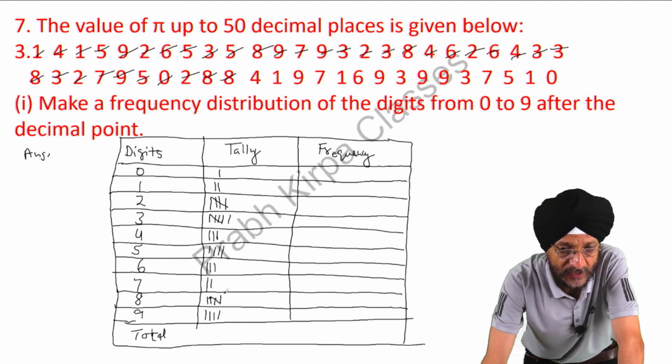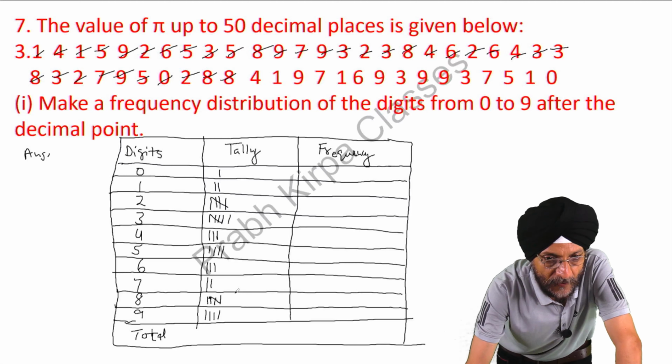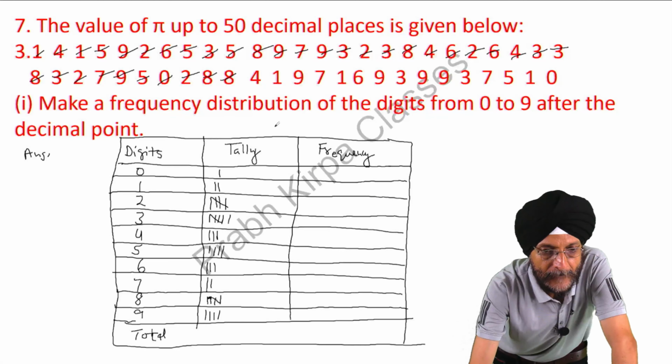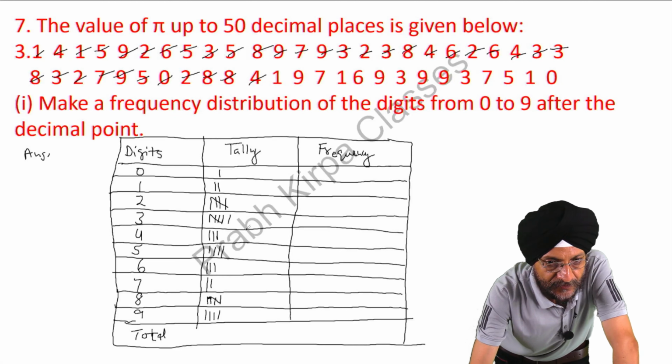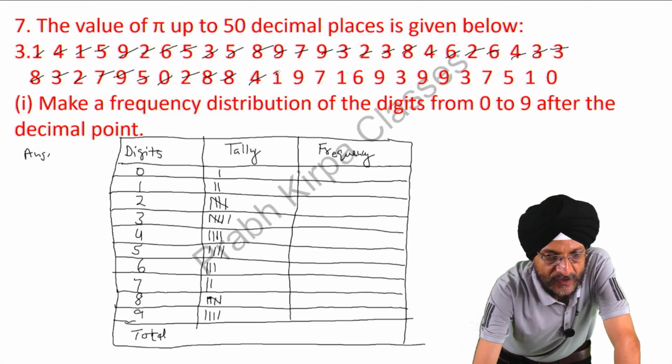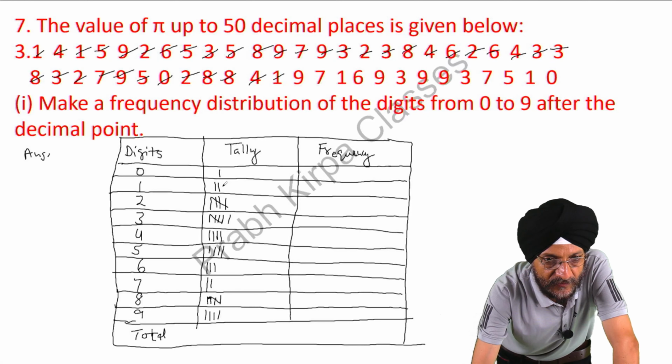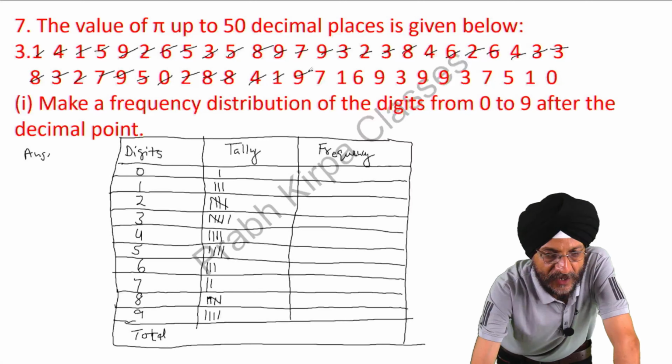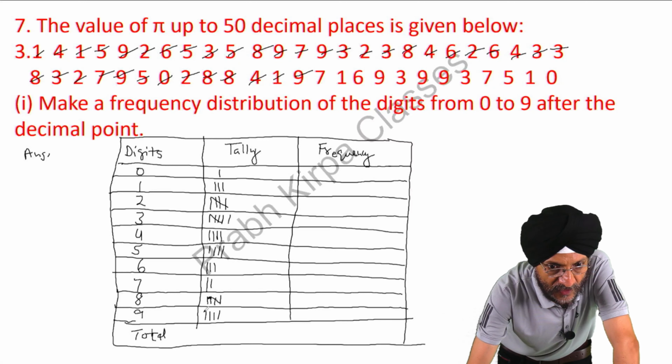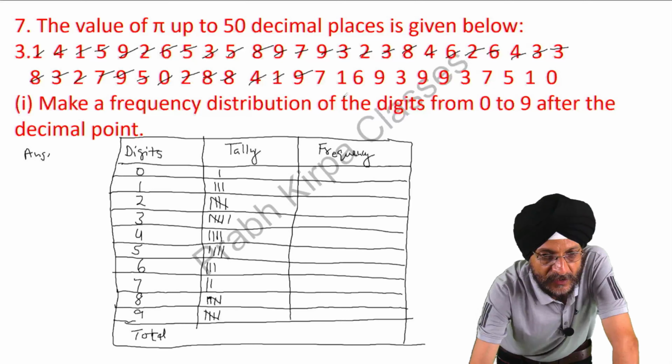So we have drawn a line, this line. 4, 1, 9. This is for the fifth time.